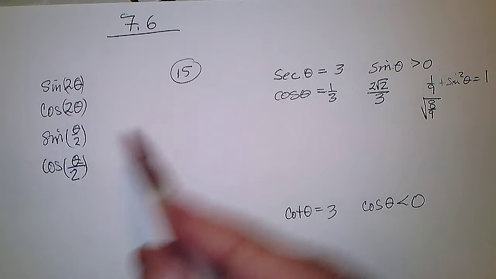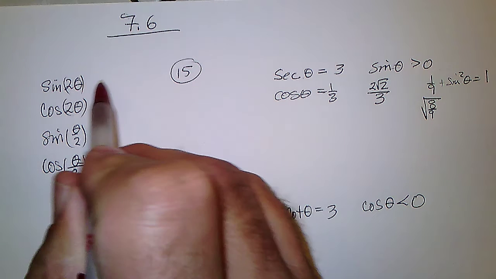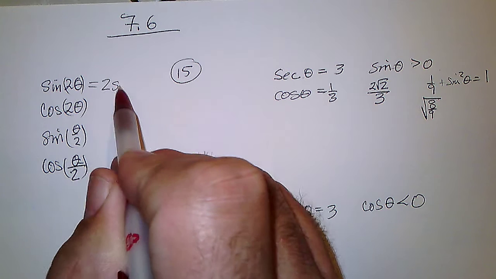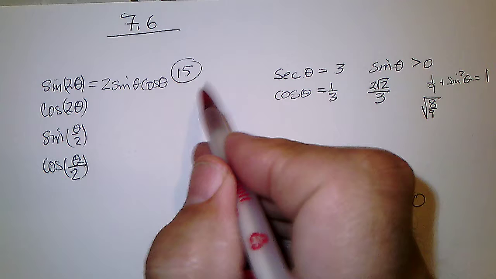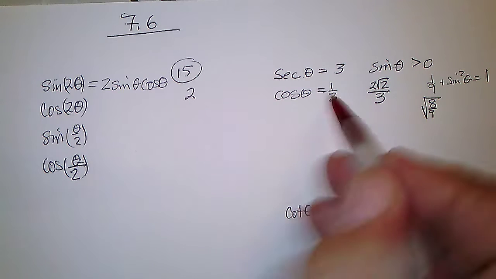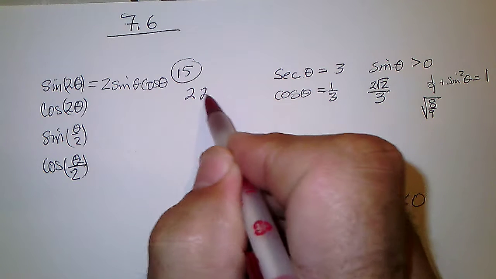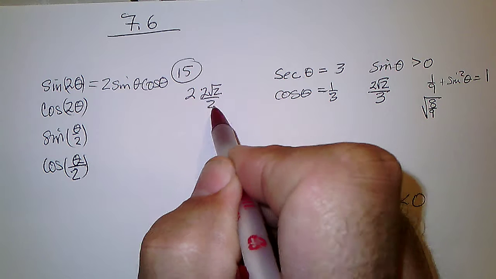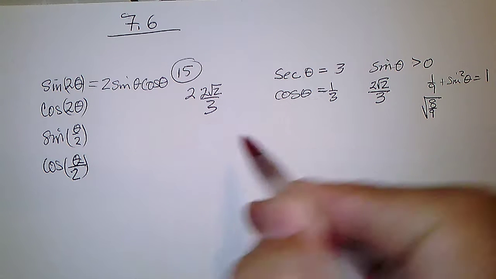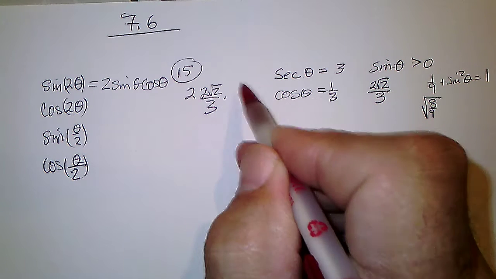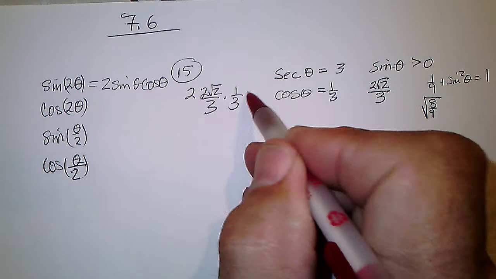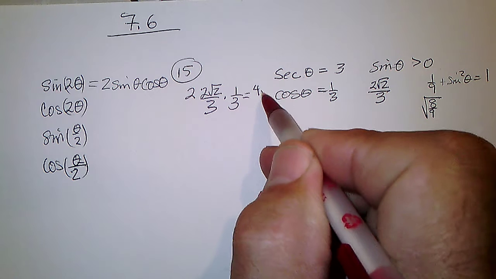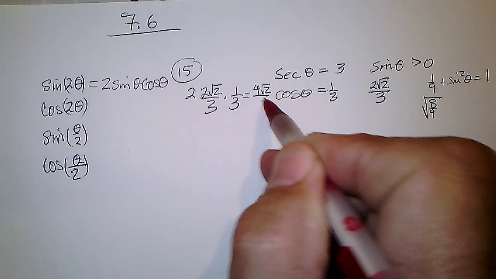So the sine of 2 theta, the formula says that is 2 sine theta cosine theta. So we'd have 2 sine theta, 2 square roots of 2 over 3, times the cosine theta, which is 1/3. So we're going to get 4 square roots of 2 over 9.